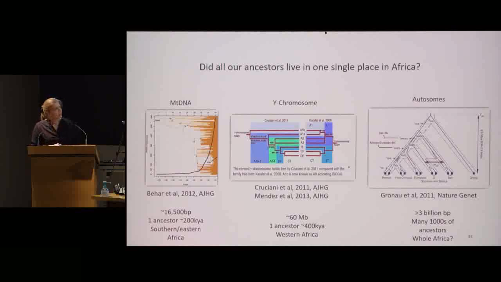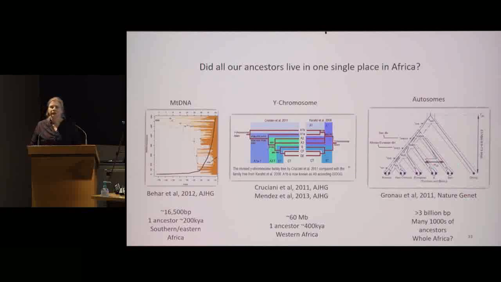This method, for instance, chops up the genome into very small pieces and then builds many, many different phylogenetic trees of all of these small pieces of the genome, and then it draws a consensus tree of all of these small phylogenies. Like the mitochondrial and Y chromosome, many thousands of phylogenies are built across the genome, and then you have a consensus tree of all of these.